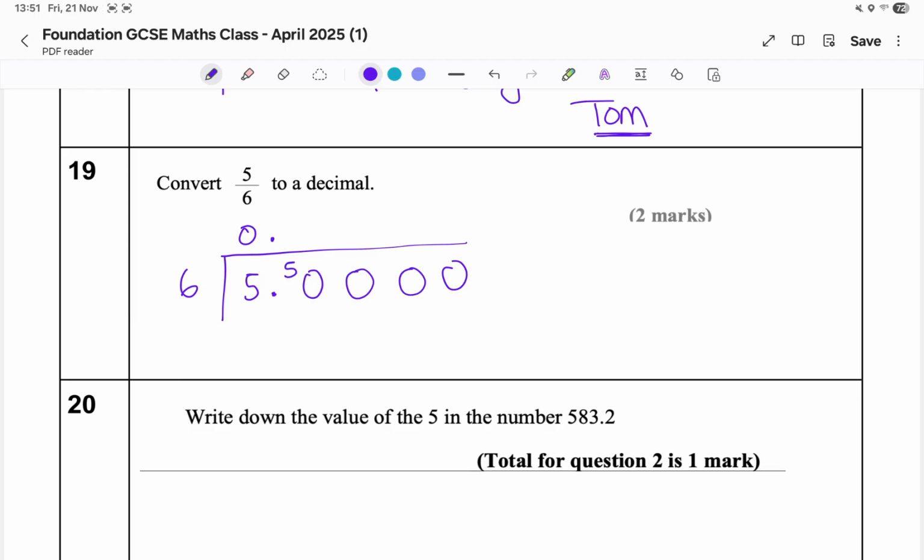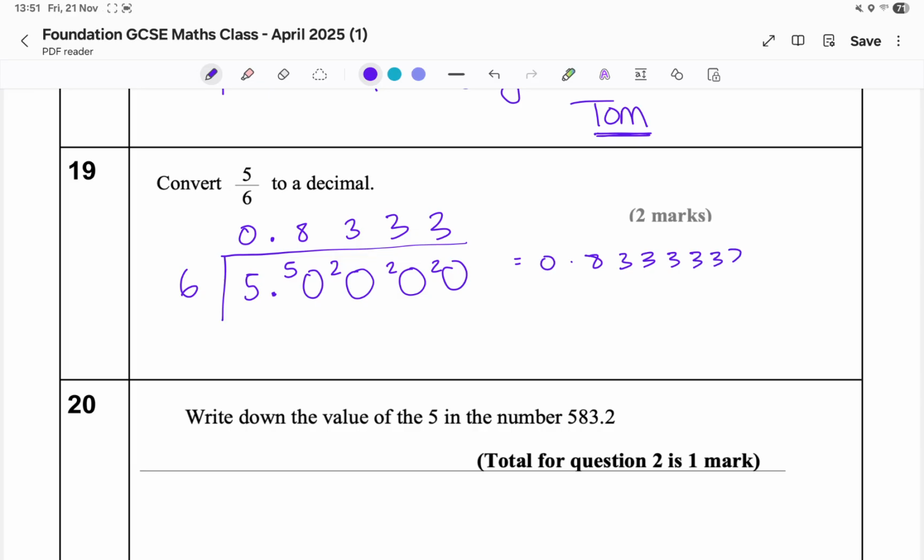How many times does 6 go into 50? 6, 12, 18, 24, 30, 36, 42, 48. That's 8 times. Remainder 2. How many times does 6 go into 20? 3 times. Remainder 2, 3 times. Remainder 2, 3 times. So I can see it's 0.8333.